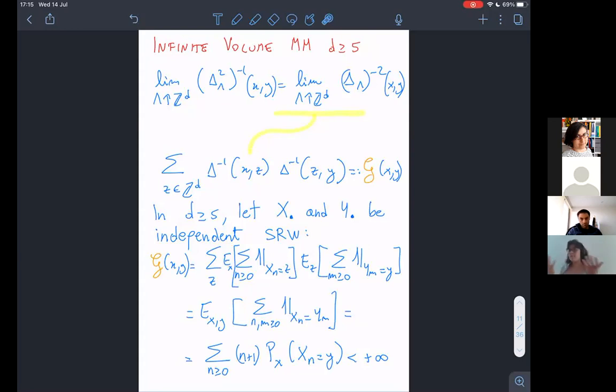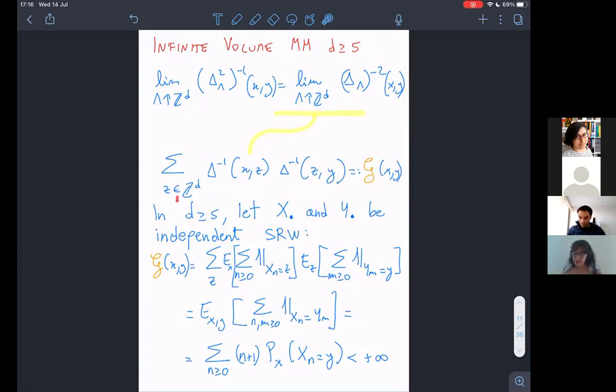Actually, you can say I'm forgetting about restrictions because I want to take a measure on the infinite lattice, so boundaries do not play a role anymore. So you can prove that you can convolve delta minus 1 with itself on an infinite lattice.